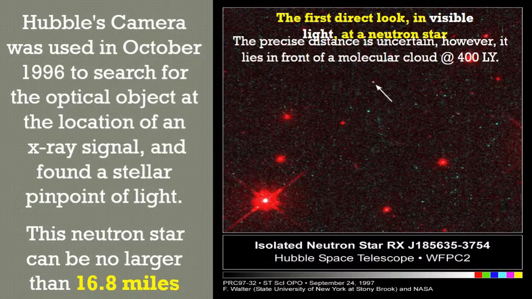So this is the first picture in 1996 of a neutron star. That neutron star, remember, is much larger than our sun is right now. That was the size of the original core that was left over after the supernova, and it got squished down to about 17 miles across.